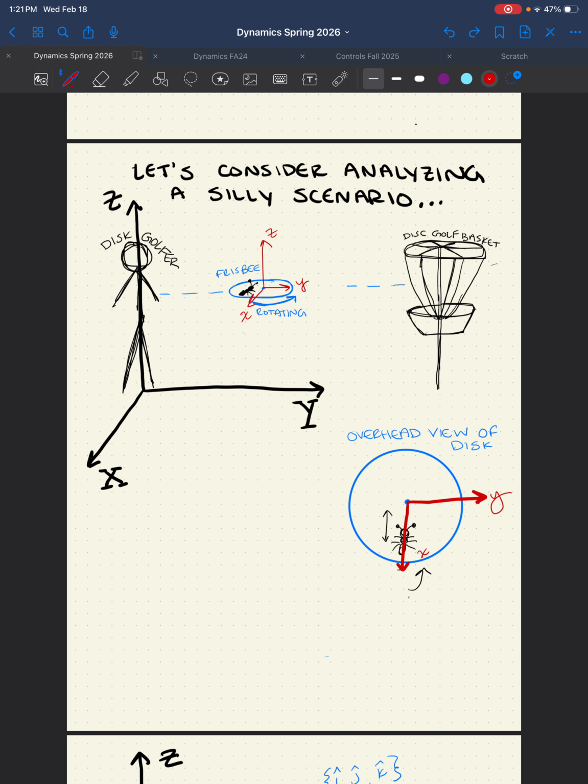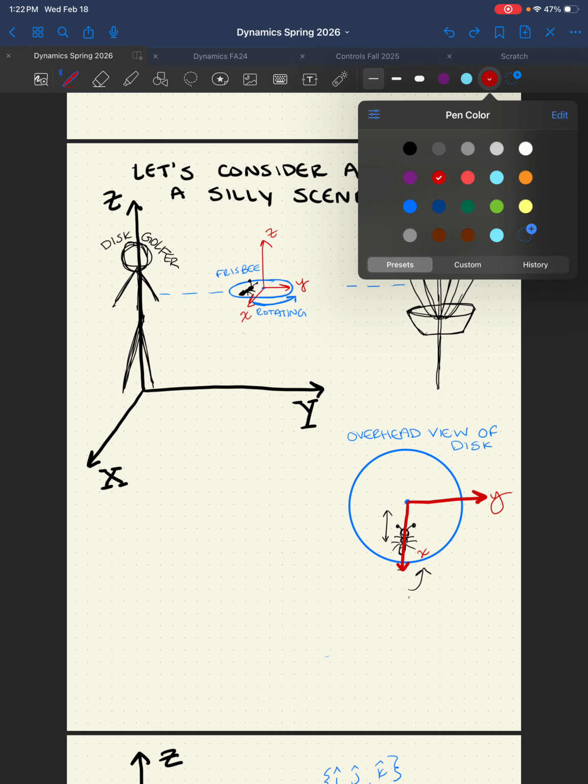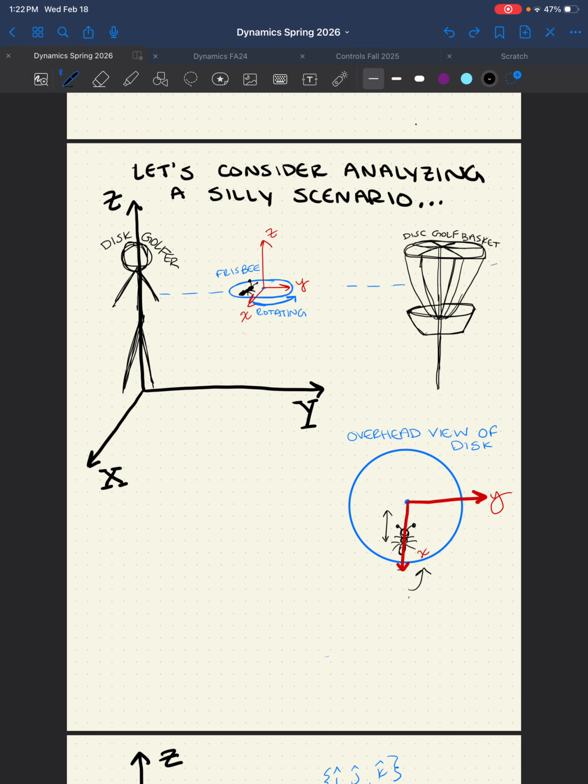Okay. And the very last thing we're going to worry about is basically an ant who is going for a joyride on top of the Frisbee. Okay, so we've got this little ant who's going for a joyride. They're on the Frisbee, and they're moving relative to the Frisbee. So this ant is crawling around the Frisbee.